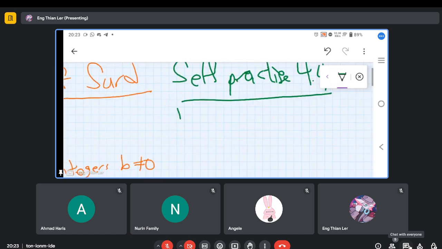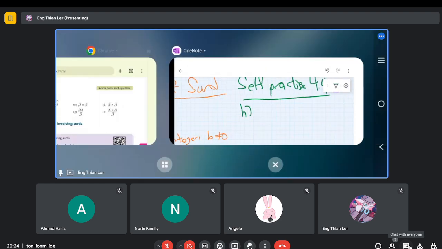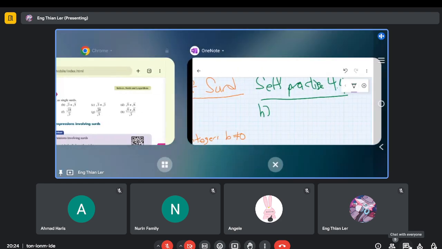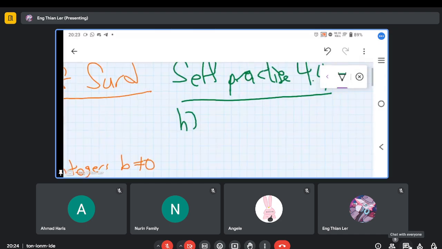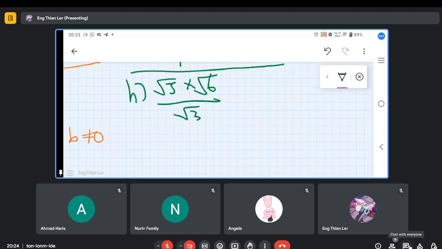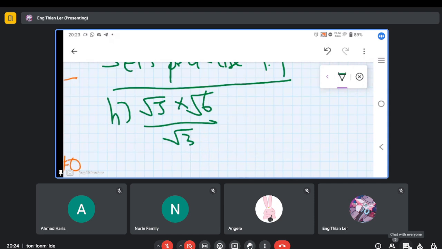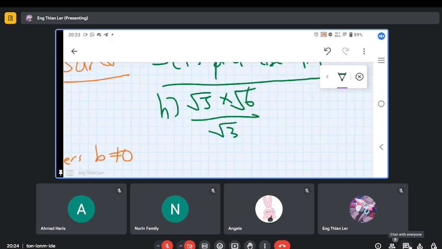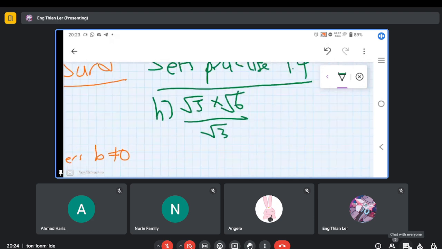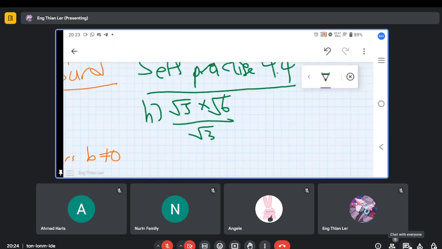So we do H: root 5 multiplied by root 6 divided by root 3. Now look at the root 6. What can we do? We can split the root into two numbers. It's like using prime number factorization to do this question.